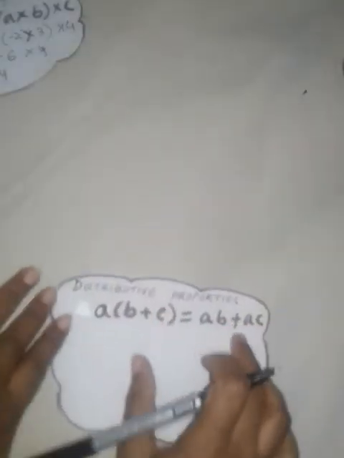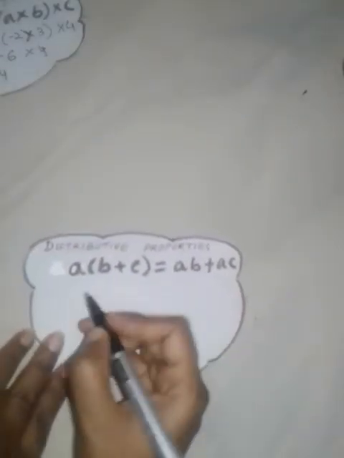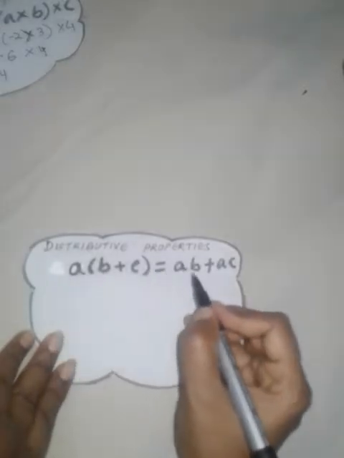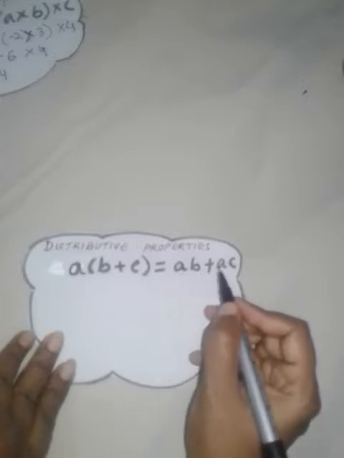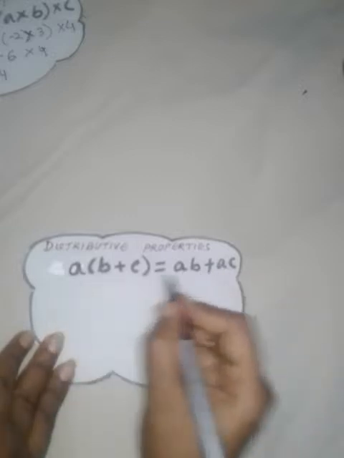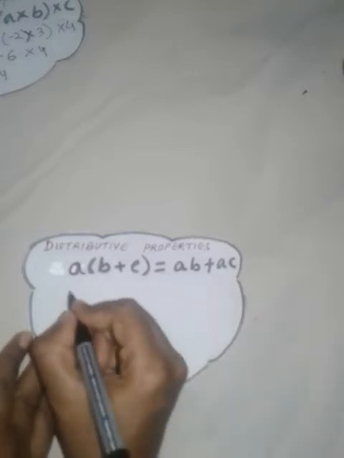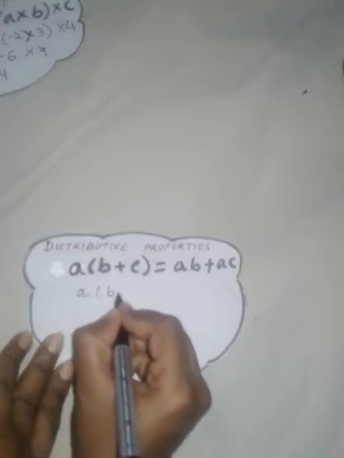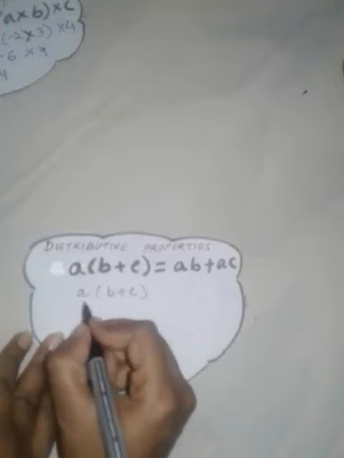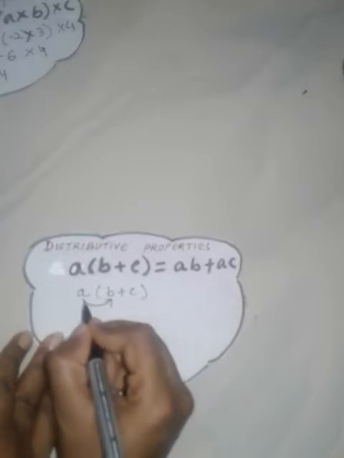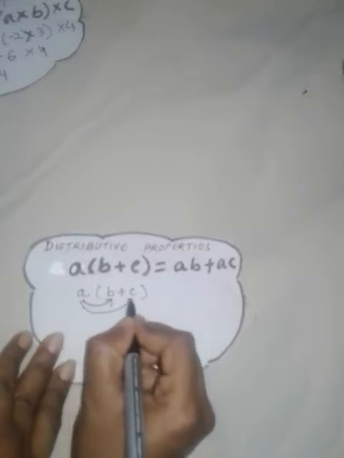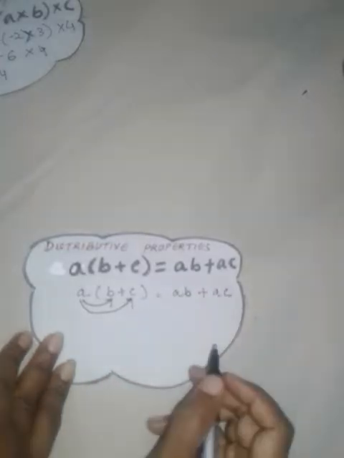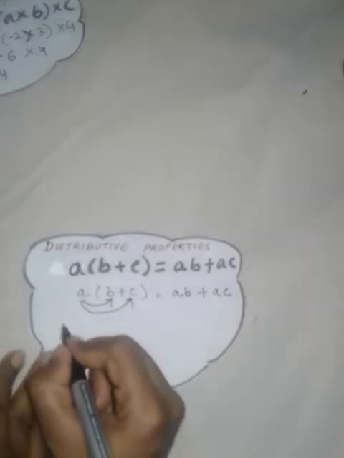Then the distributive property. The distributive property is A in bracket B plus C is equal to A into B plus A into C, where A, B, C are all integers. First we multiply A with B, then we multiply A with C, then A into B plus A into C. Let's take an example.